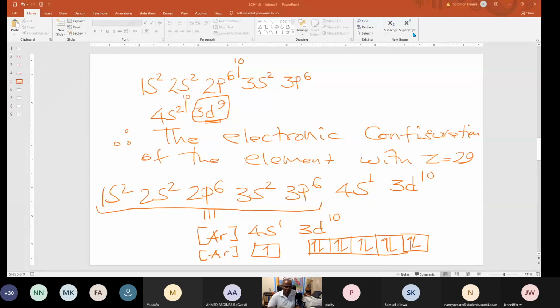So I'm interested in you knowing the different orbitals in the valence shell, the ones that are going to overlap to give us the covalent bond. That's what my focus is mainly.